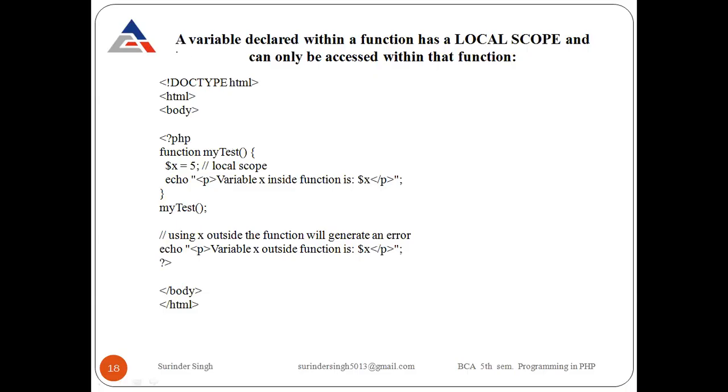Now there is an example of local scope. Here is the PHP code. We have the same function, my test. Here we have declared a local variable X, and here we are printing its value.